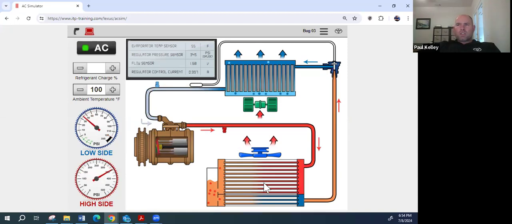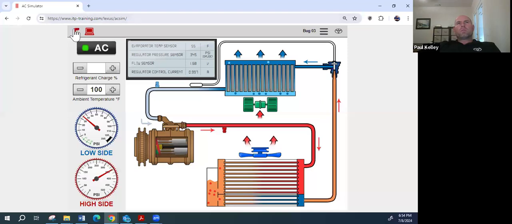So if the high side's too high, but the low side's normal, that means the high side's too what? Too hot. Pressure and temperature have a close relationship: too high pressure, too hot.